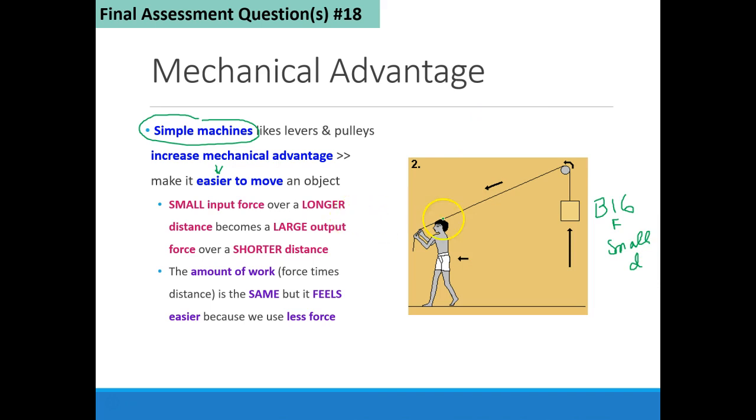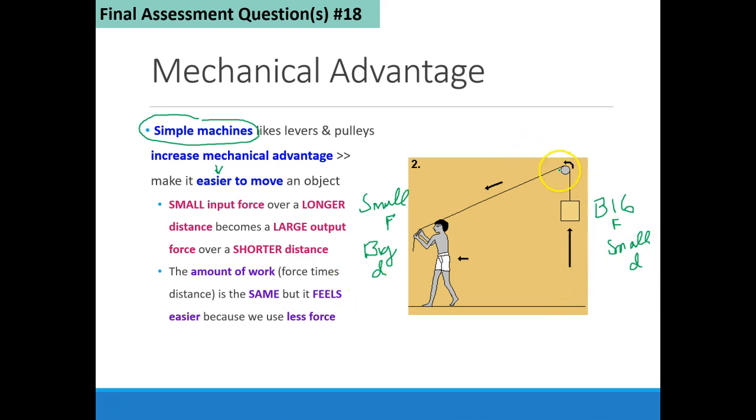On the other side though, to make our lives easier, we can actually walk far away so that instead we have a big distance. And the result is the opposite happens with our force so that we can use a small force. Okay, so you should be able to see that these are opposites. So over here, we walk far away, we can use a smaller force. Over here, we would have to use a much bigger force to go a smaller distance.